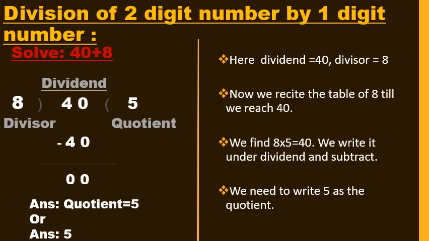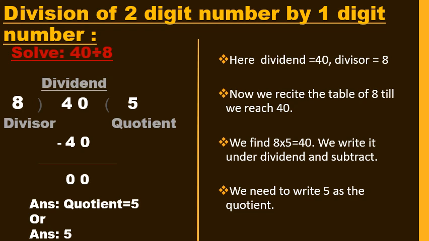And 8 is the divisor. What is the divisor? The number dividing the dividend is called the divisor. Okay? We recite the table of 8 till we reach 40.